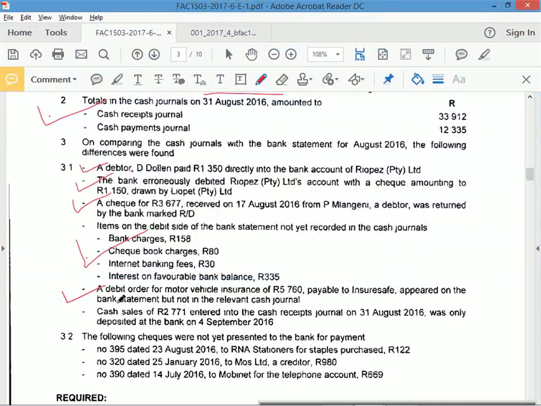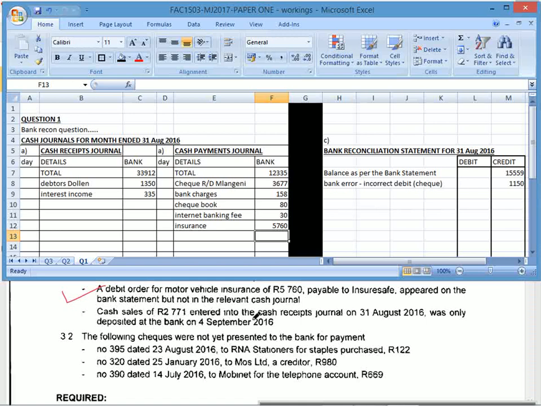Next one. Cash sales that were entered into the cash receipts journal on this date were only deposited at the bank on the 4th of September. Whose books are correct? The business. Has the bank shown this amount? No, because it's only going to be processed next month. So what is that going to be viewed as?